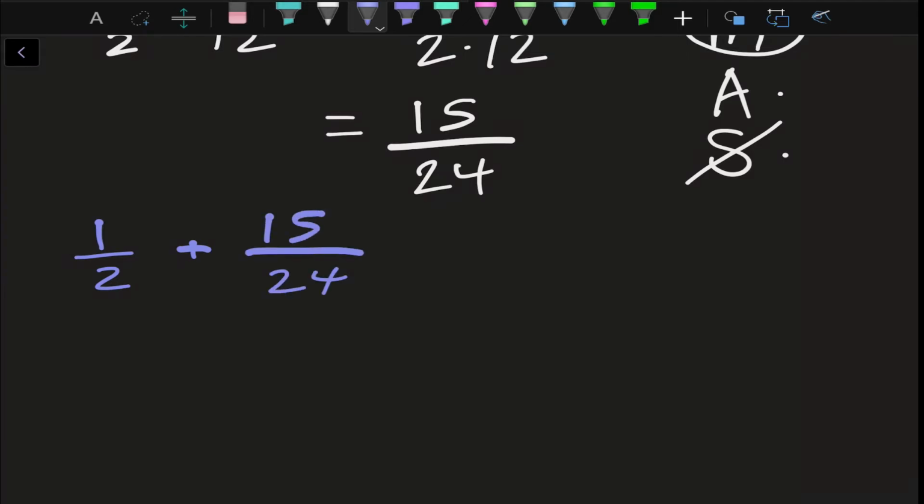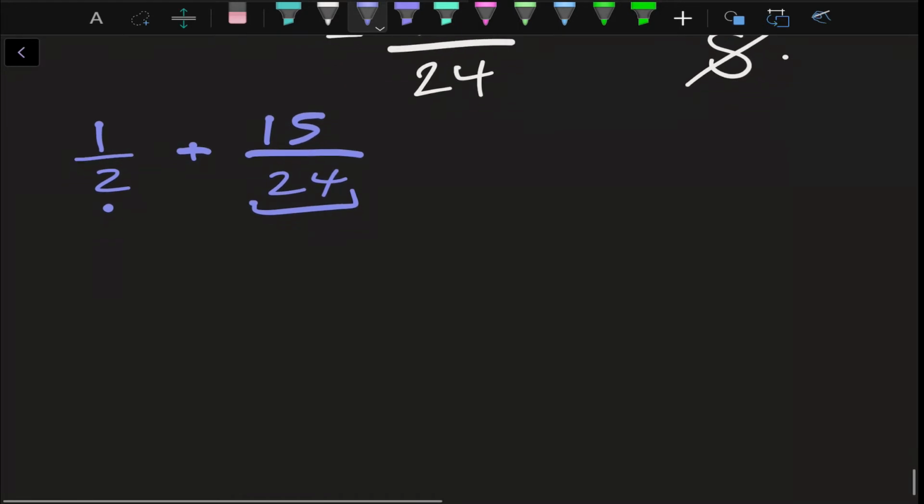Now remember, we have to have the same denominator for addition and subtraction. Now the cool thing here is 24 is an even number, so we know that 2 can be multiplied by something to get us to 24, so we should only have to change this one guy.